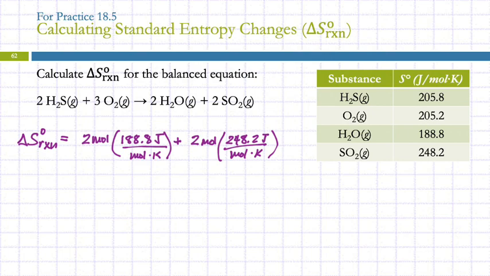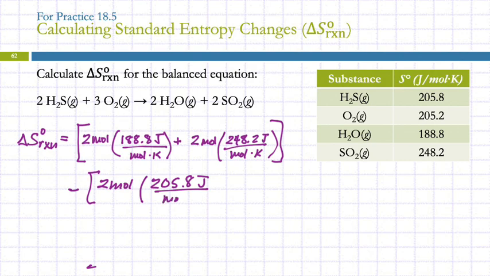And then we're going to subtract all of that, 2 moles of H2S, which is 205.8 joules per mole Kelvin, plus 3 times oxygen, 205.2 joules per mole Kelvin.